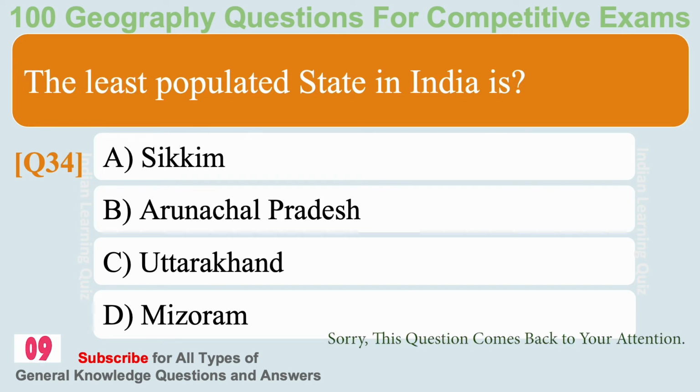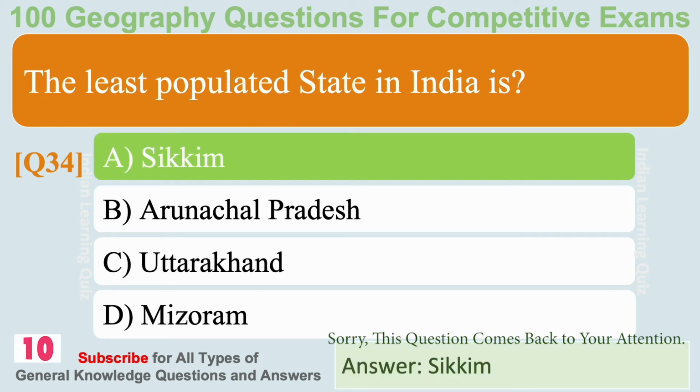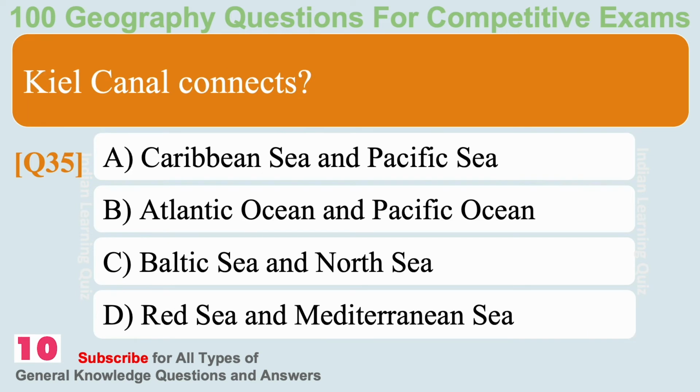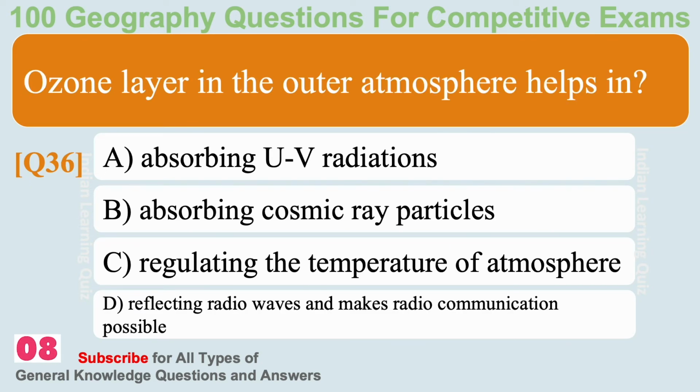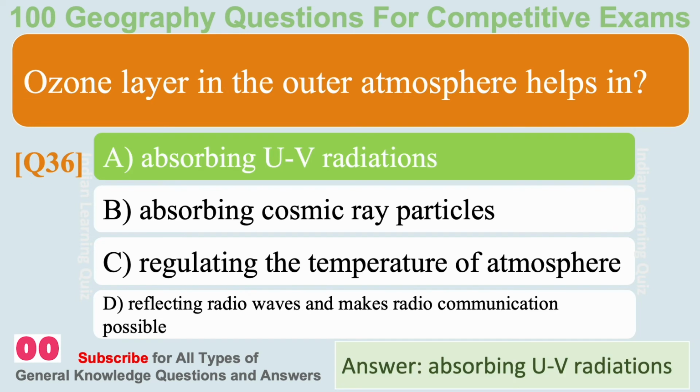The least populated state in India is... Answer. Sikkim. Kiel Canal connects... Answer. The Baltic Sea and North Sea. Ozone layer in the outer atmosphere helps in... Answer.